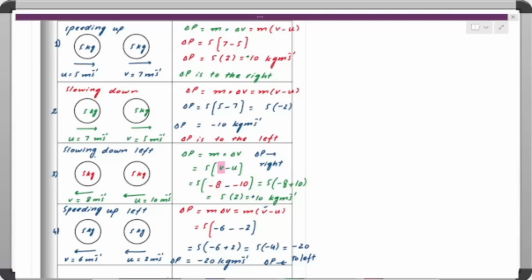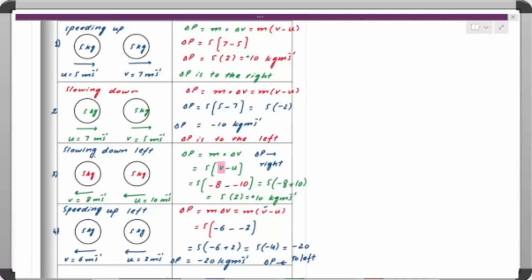In simple words, in what situation would the change in momentum, delta P, be towards the right side, and in what situation would delta P be towards the left side?